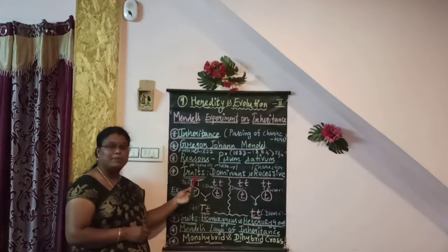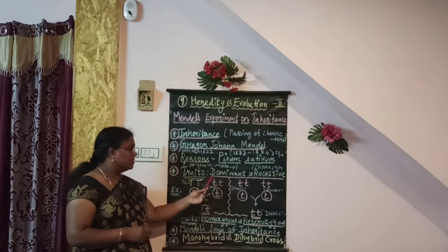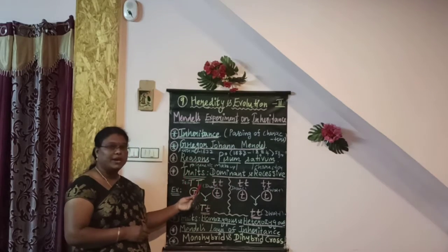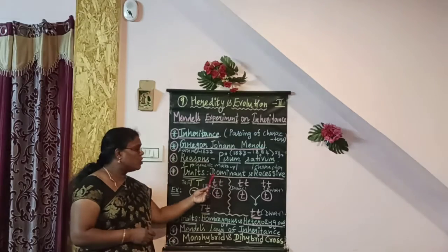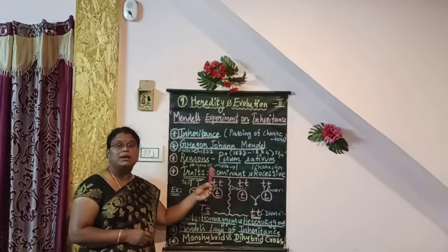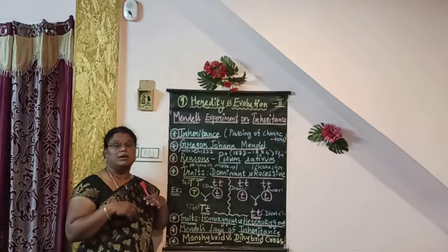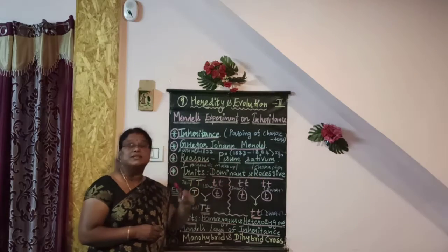Dominant parent is tall, and recessive parent is dwarf, that is small. This capital T denotes dominant gene. This small t represents recessive gene. Dominant gene is nothing but the gene which expresses exclusively in the presence or absence of the recessive one.